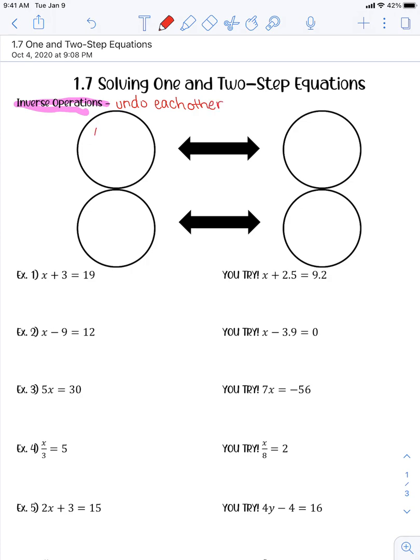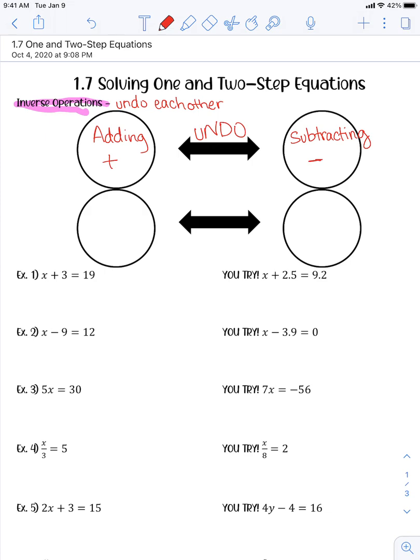Okay? So if we're adding, its inverse operation is subtraction. If we're subtracting, its inverse operation is adding. They undo each other.